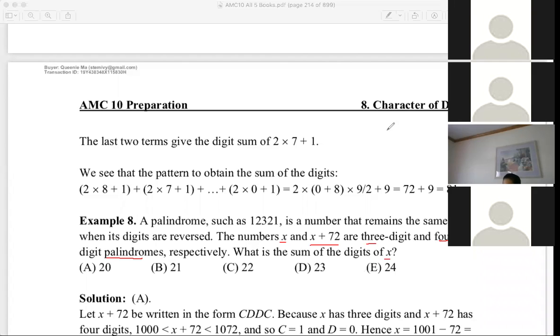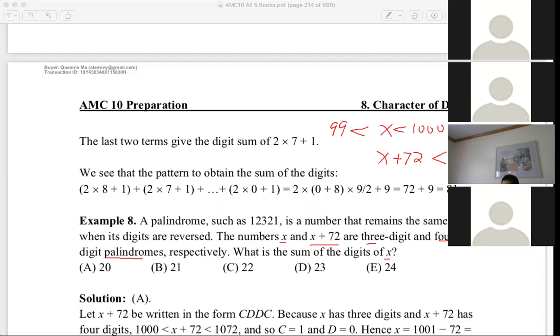So now let's think. The largest 3-digit number, definitely this x should be less than 1,000, right? Should be greater than 99, since it has 3 digits. Now let's say x plus 72. X plus 72 will be less than 1000 plus 72.